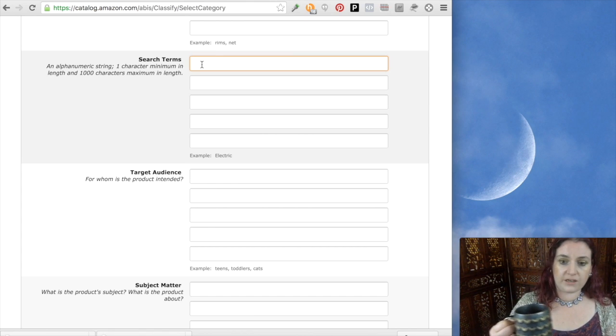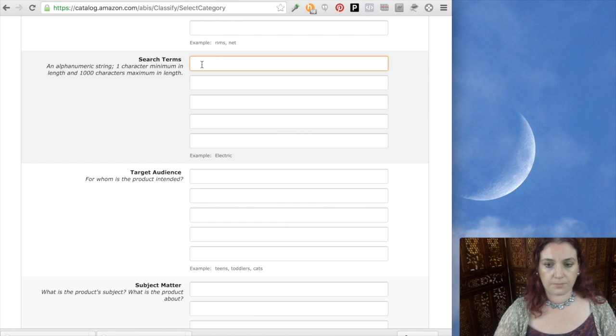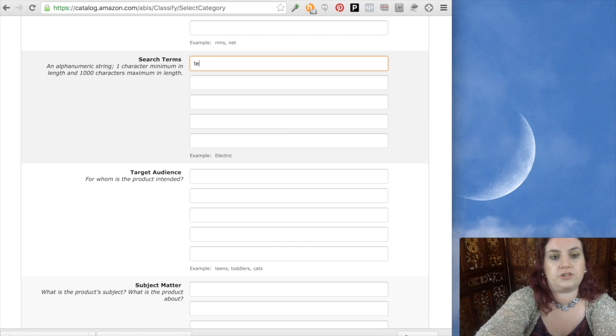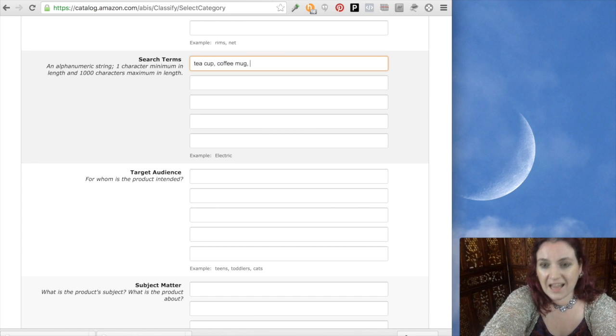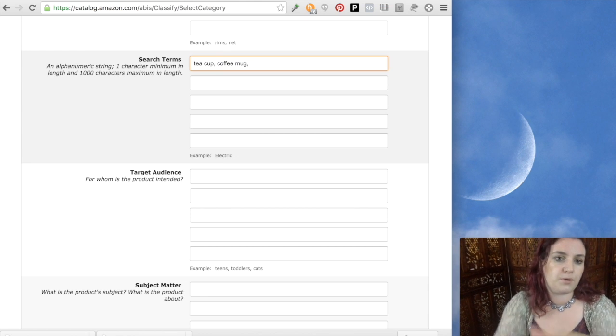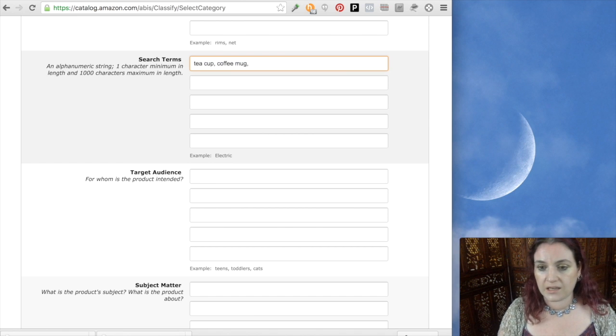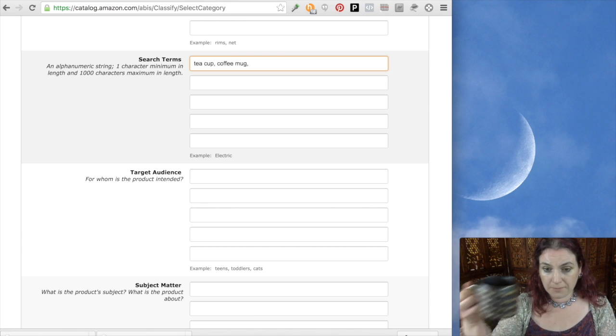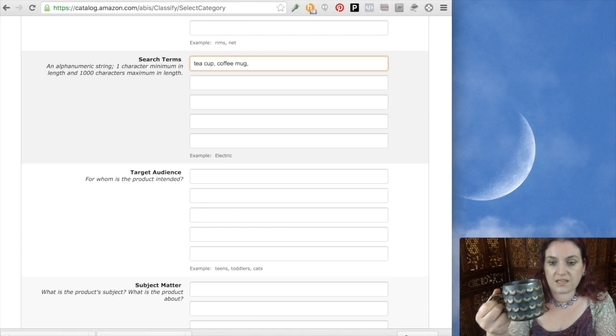So I don't know, if we look at this Starbucks mug, we could put in a lot of information about how you could use it for tea, coffee, or we could put teacup, coffee mug, and catch all of those searches as well. So for example, we probably wouldn't put teacup in the description or in the bullet points, but if someone was searching for a Starbucks teacup, this would actually be a pretty good size for teacup.